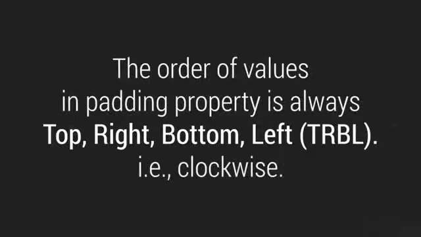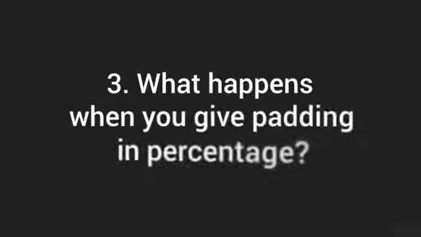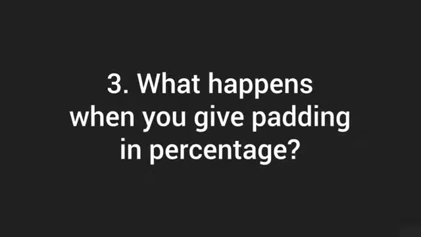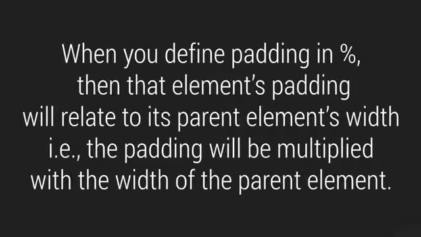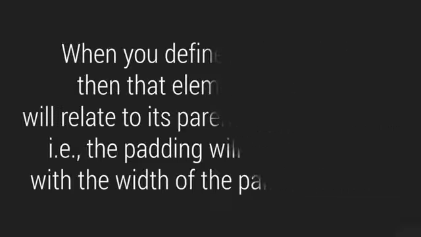So the order of values is top, right, bottom and left, that is TRBL, which goes in the clockwise direction. The third question is, what happens when you give padding in percentage? So when you define padding in percentage, then that element's padding will relate to its parent element's width. That is, the padding will be multiplied with the width of the parent element.